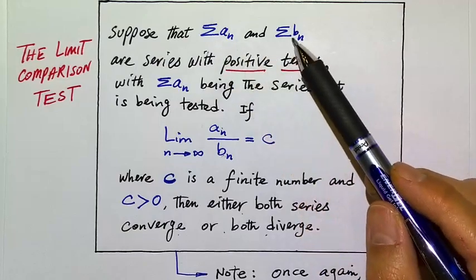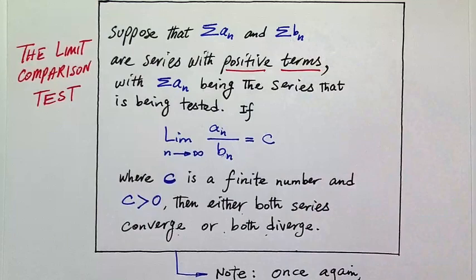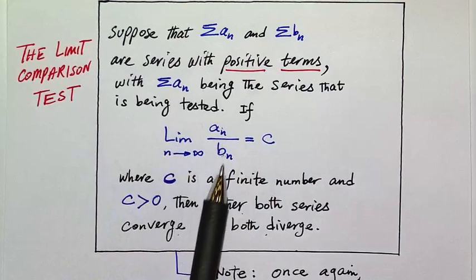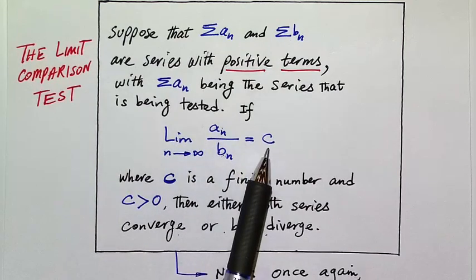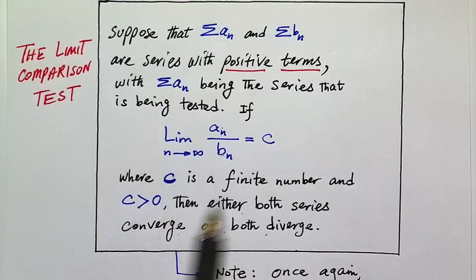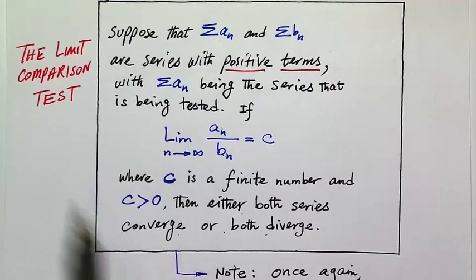So this one that we pick, we must be very familiar with how it behaves. Just remember that. And we can apply the limit comparison test when the limit of the ratio of those two series ends up being a real value, a finite number that is greater than 0, some positive value. Then we can use this notion here.